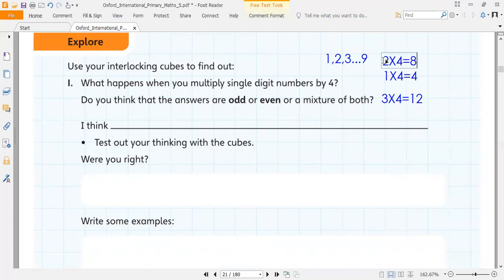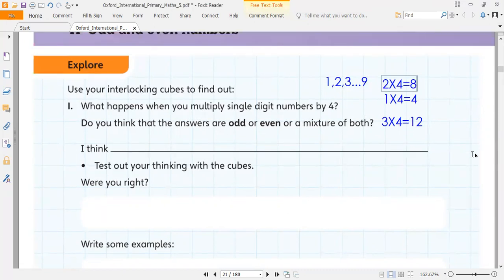So this is the technique: if you have to find an even number, you have to multiply with an even number. You can multiply even with even or even with odd. So what do you think, are the answers odd or even or a mixture of both? This is a mixture of both even and odd.